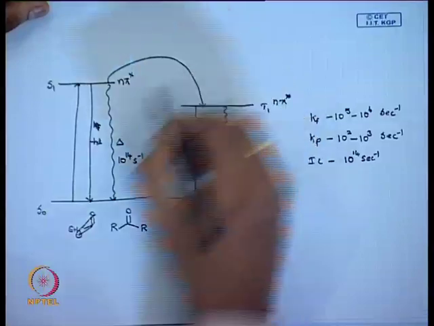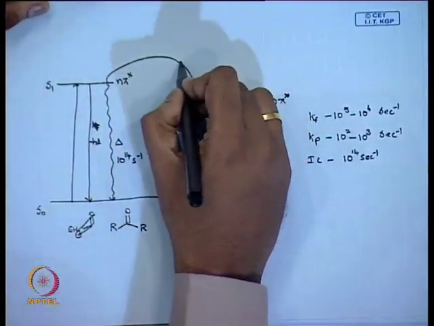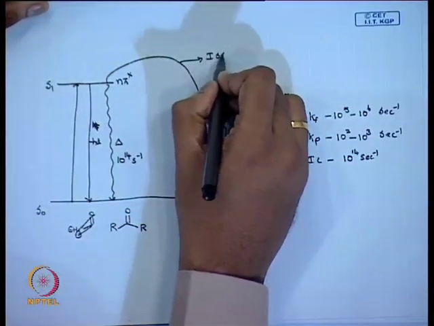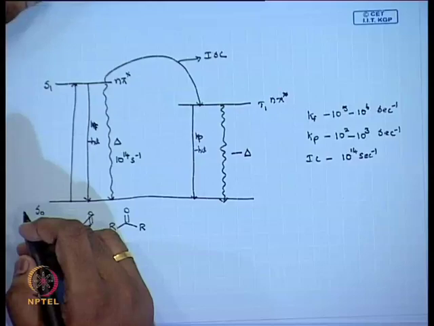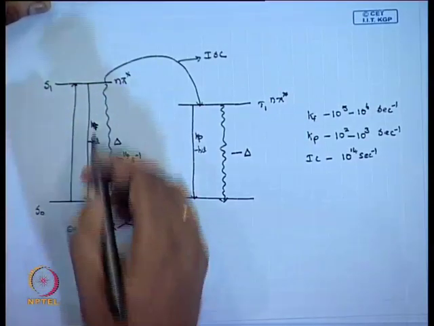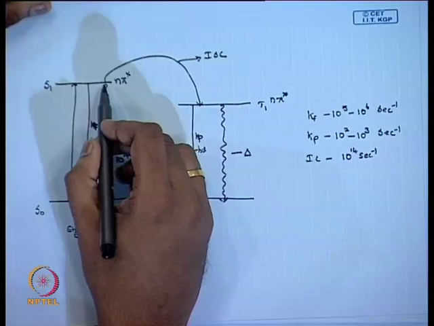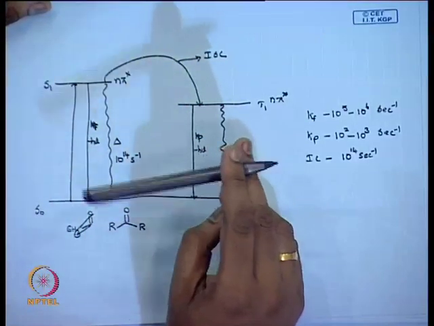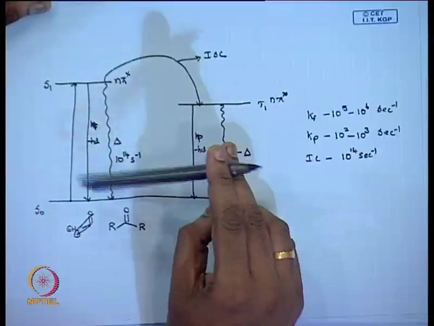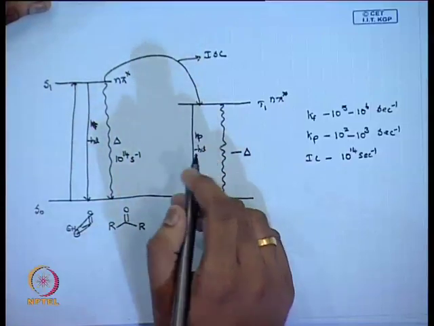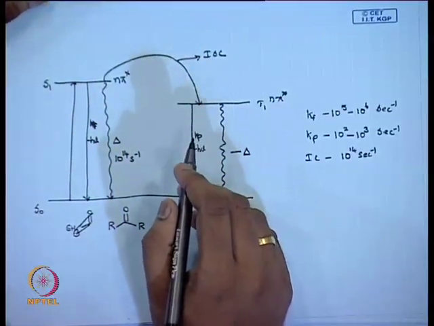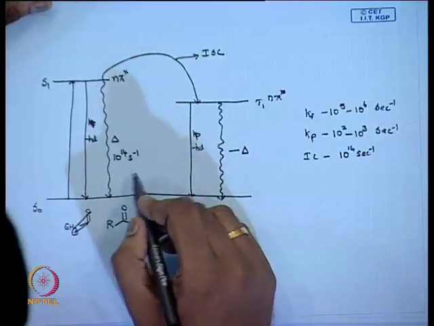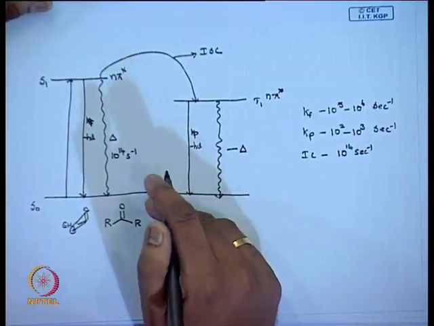Any idea about this ISC, what number this can be, this intersystem crossing? It is again a spin flipping process, right, but normally you know how this goes, S1 to T1 it will not jump like that.